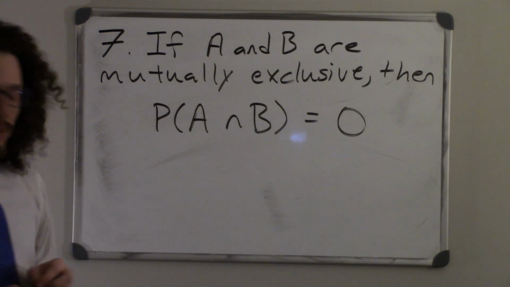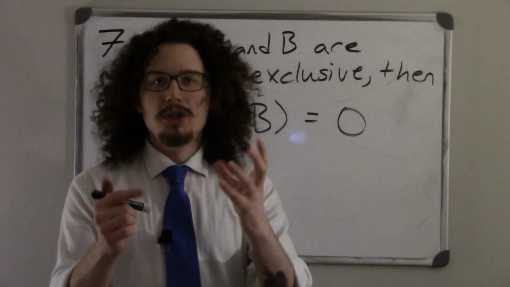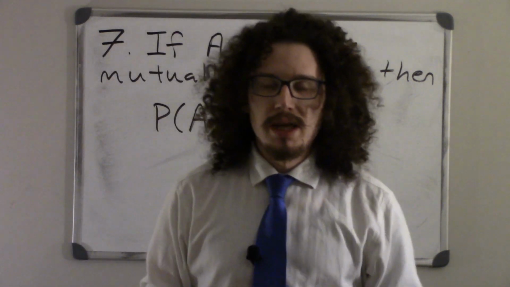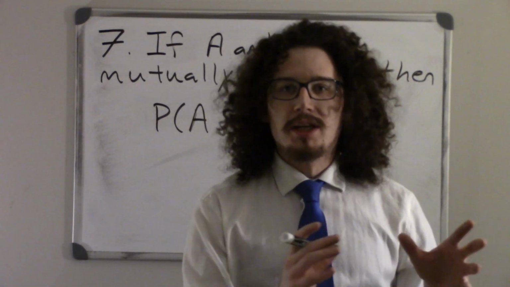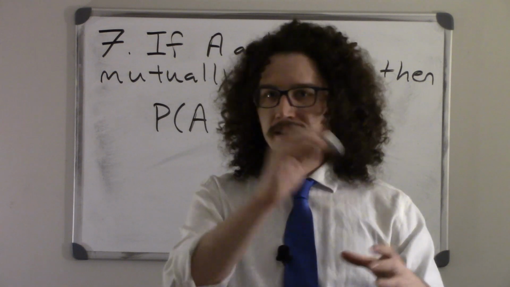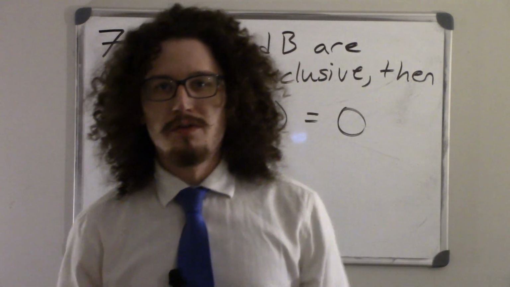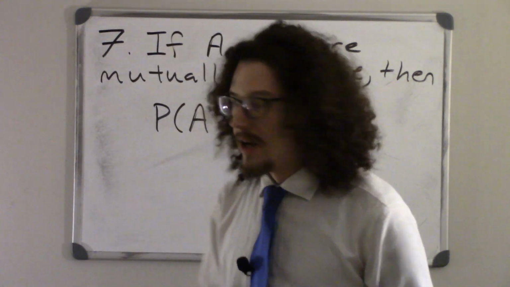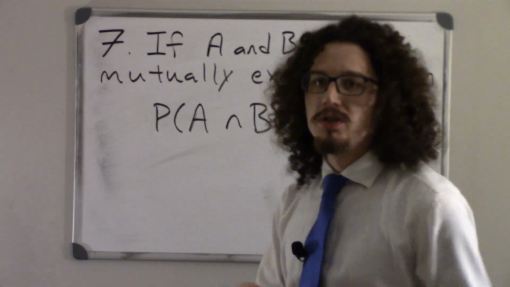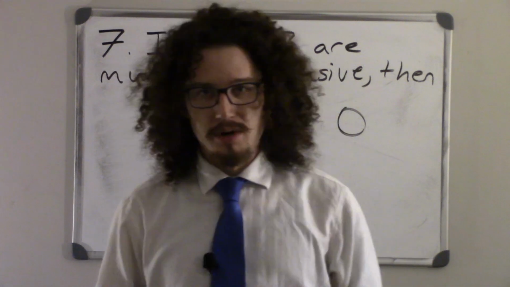All right, and this makes sense if we think about it. If we go back and look at our diagrams of our intersection, we saw that the event is that overlapping section of those circular events. And we saw that with mutually exclusive events, there is no overlap.